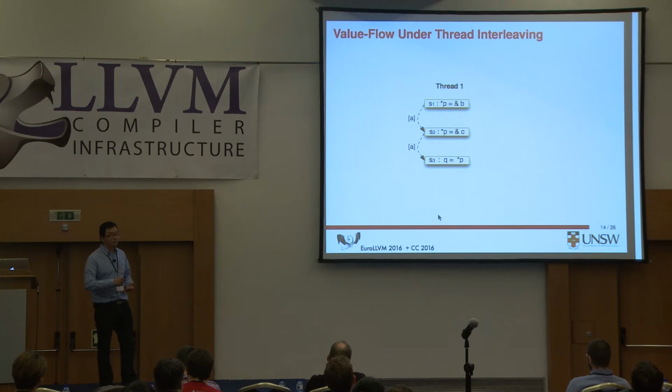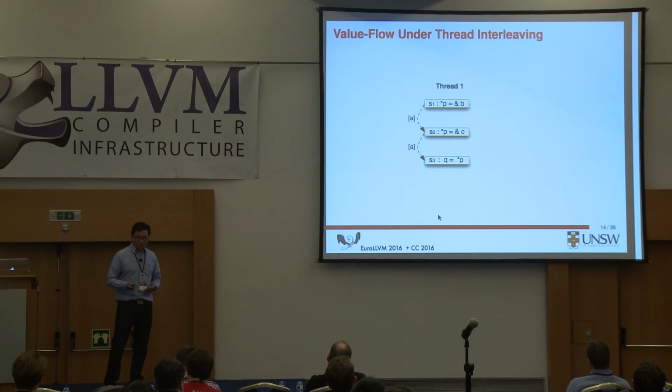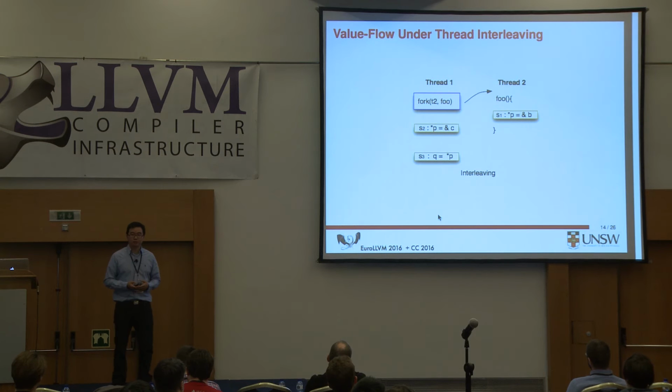All the dereferences here assume accessing the same memory object A. If we replace the first statement with a fork site, eventually we will have this code, and we put the first statement into the function, resulting in the second thread.